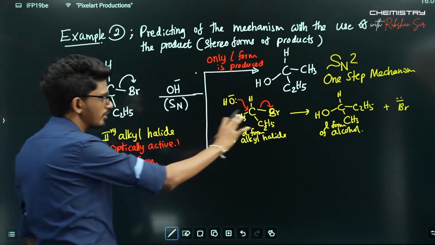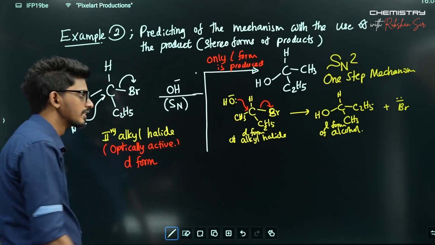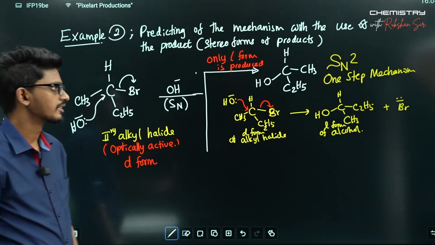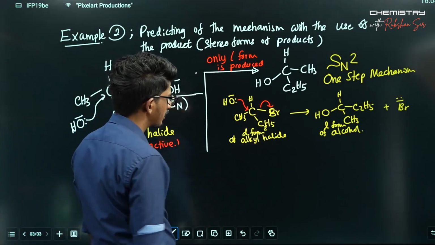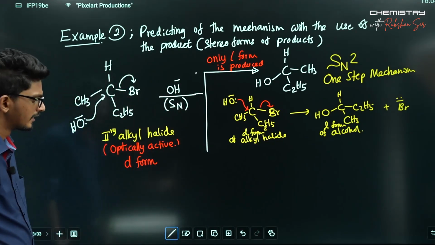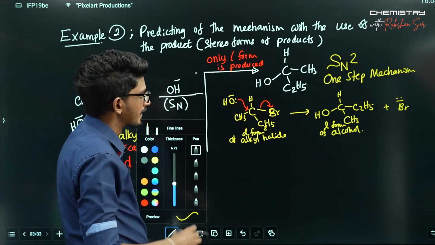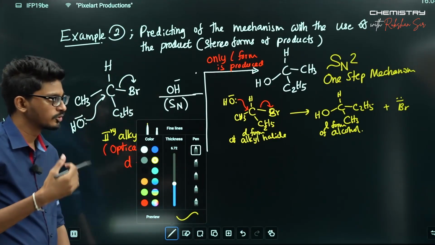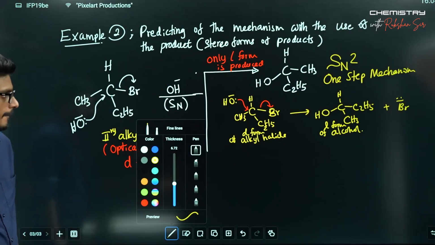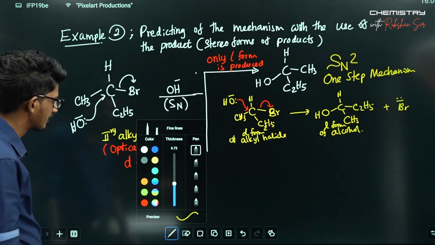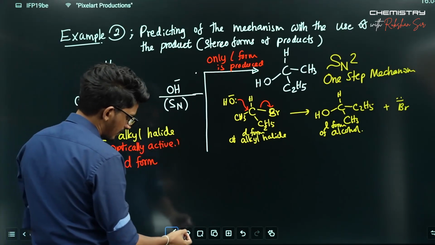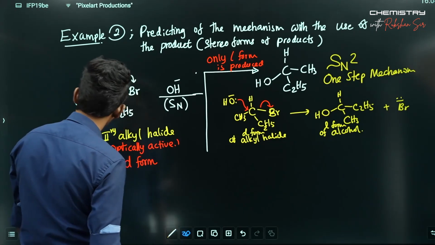So with the use of stereochemistry, you can identify whether the reaction is going through the one-step mechanism or the two-step mechanism. How to identify a mechanism that went through the two-step mechanism? By seeing the products. Let's discuss that as well.